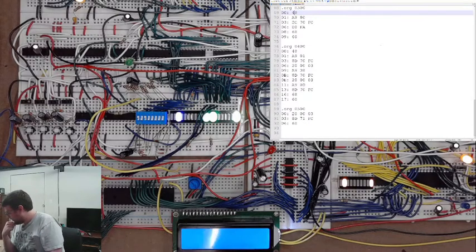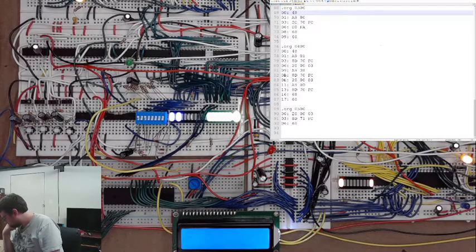It looks to be currently running correctly. Yep, okay, it's putting stuff on stack. There's it taking something off of stack.